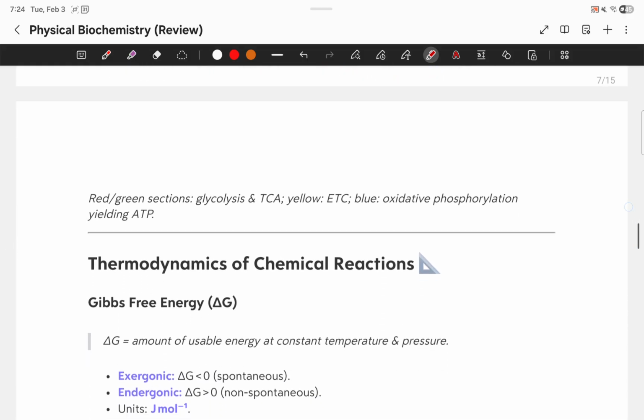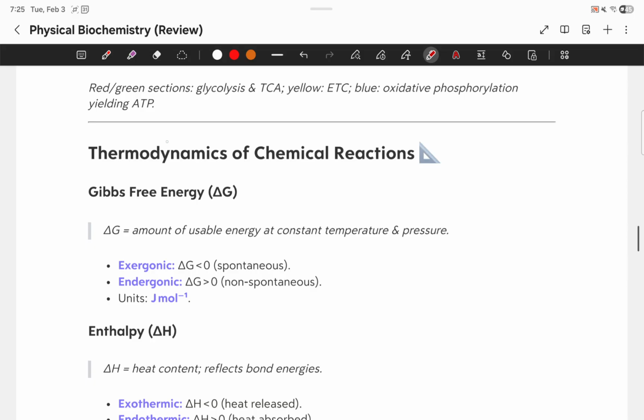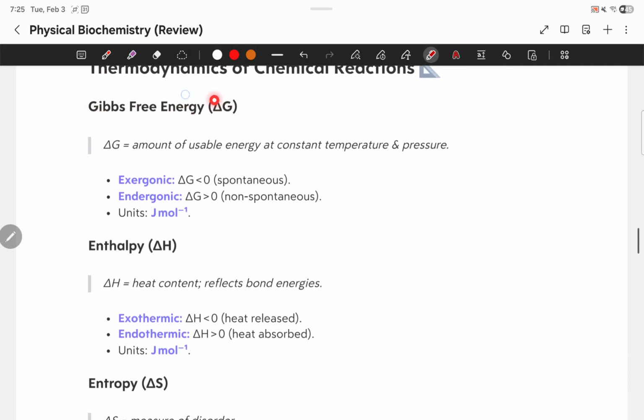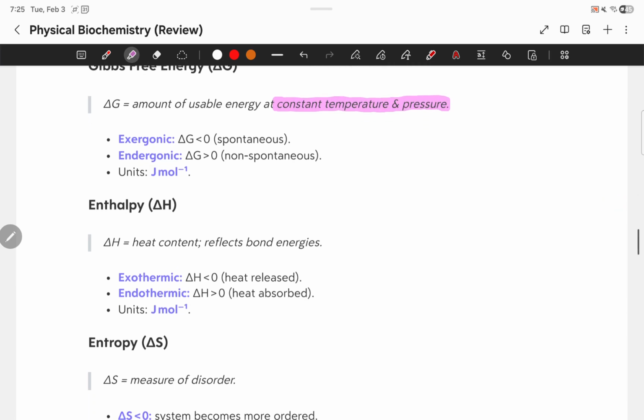Now we have the thermodynamics of chemical reactions. Gibbs free energy, basically delta G, is the amount of usable energy at constant temperature and pressure. Remember that, that's key. So Gibbs free energy is basically the energy at constant temperature and pressure.